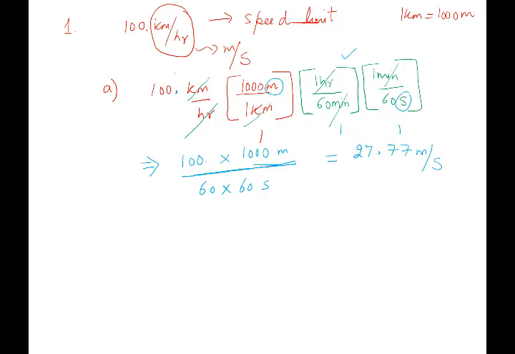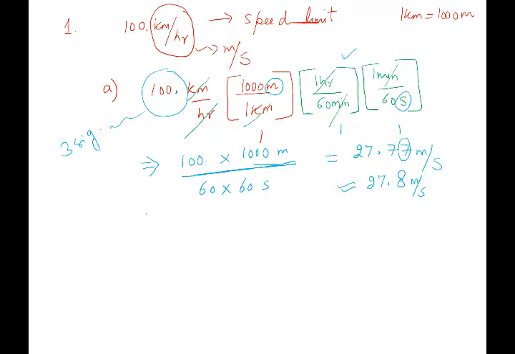But since our problem gave us the number as 3 sig figs, I'll reduce it to 3 sig figs, and I'll round it because this number over here is higher than 5. So we will write down 27.8 meters per second. And this is what we are going to be using in all our problems, okay?